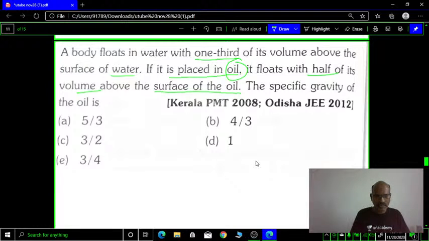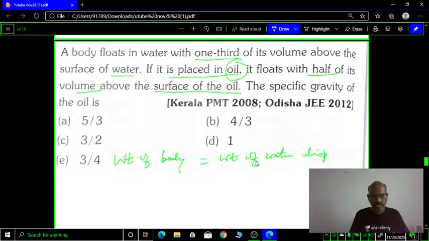What is the weight of the body here? The weight of the body equals the weight of the water displaced, how much is immersed inside. According to Archimedes principle, whenever it is immersed, the weight of the body is equal to the weight of the liquid displaced. When placed in water, it is the water displaced; when placed in oil, it is the weight of oil displaced.